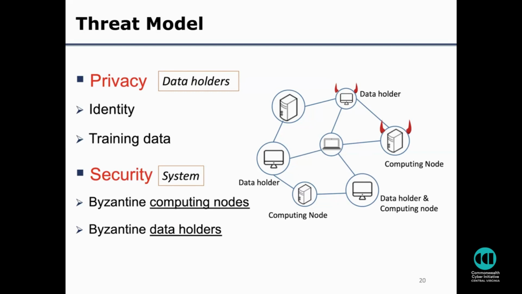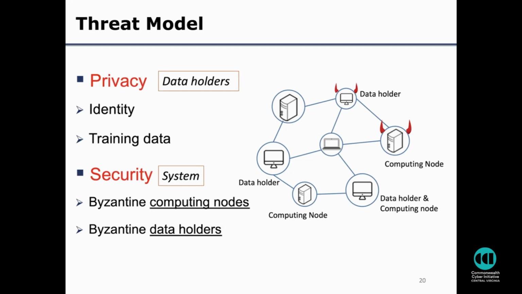The second is security from the system perspective. We mainly focus on Byzantine attacks, which prevent the system from effectively learning an accurate global predictive model. We consider two types of Byzantine attacks.